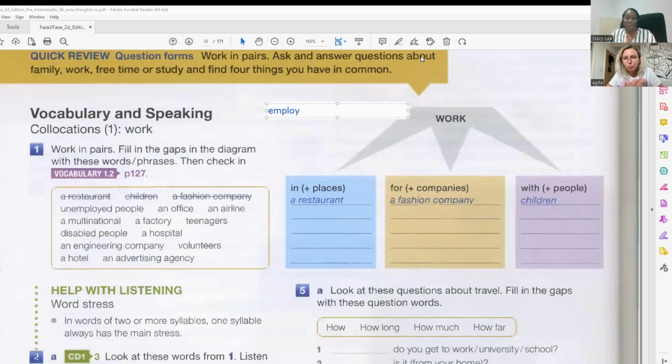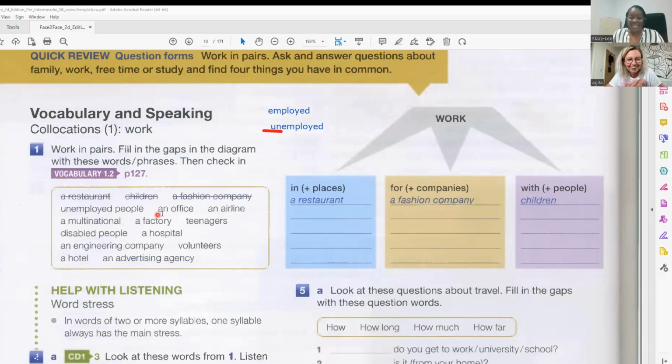Okay, so employed people are people who work, but we have a prefix in front of this one, unemployed. And the prefix un means not. So people who don't work would be unemployed people. All right, good job. See, we can break it down little by little until we understand it.